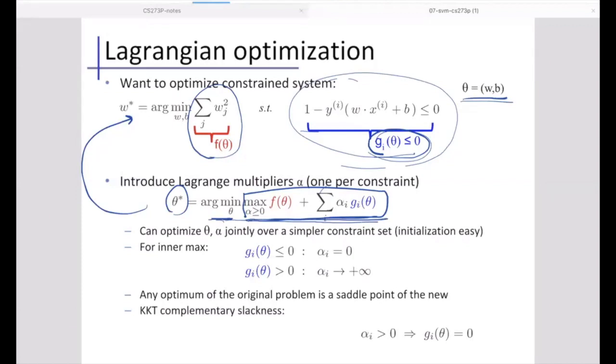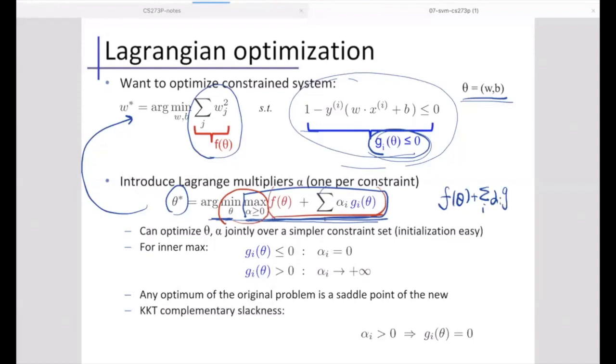One way to think about this problem does not necessarily mean that it helps you in any way. However, once we rewrite the problem this way, we can rethink about it. Now I have this function, which is both a function of theta and a function of alpha.